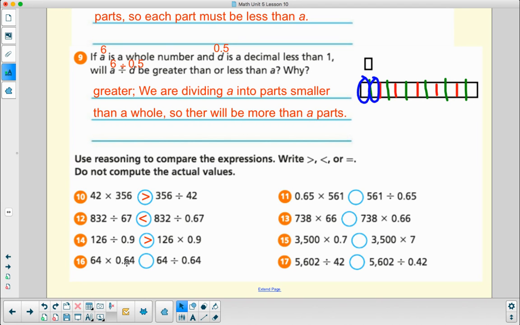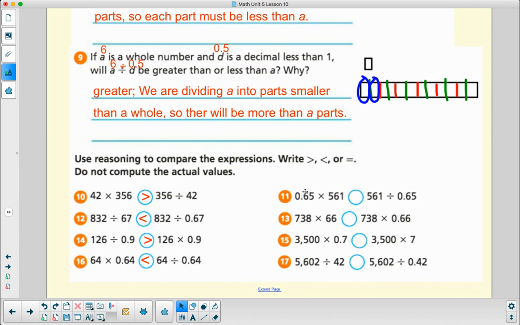Is 64 multiplied by 64 hundredths greater than, less than, or equal to 64 divided by 64 hundredths? It would be less than. Here I'm taking less than one group of 64. I'm multiplying by less than 1, so it gets less than 64. Here I'm putting it into groups smaller than 1, so I'm going to have greater than 64 groups.